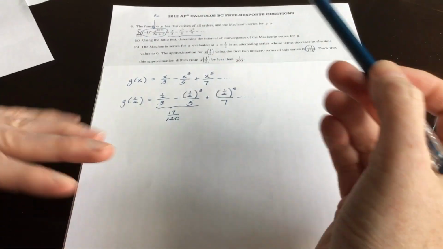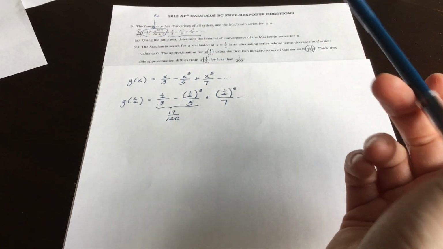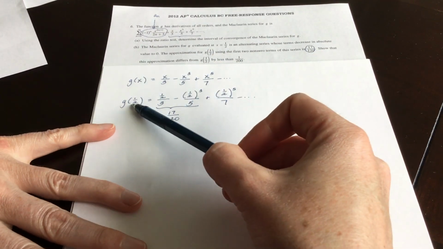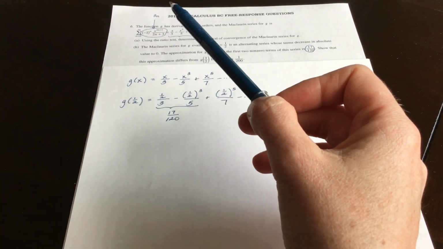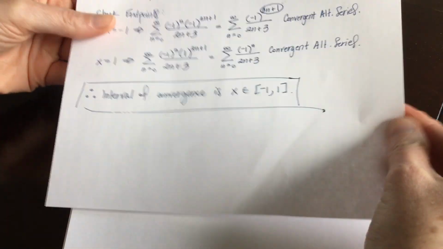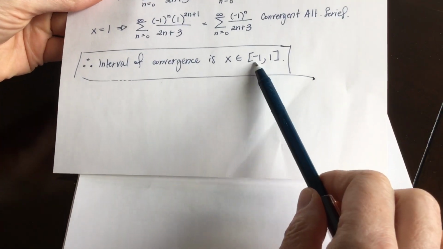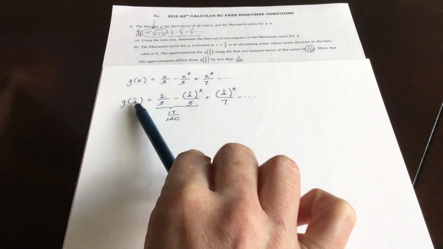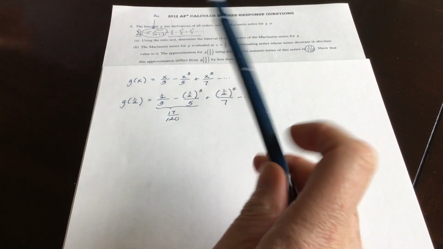Another reason for us to know that this is a convergent alternating series is because you're plugging 1/2 in, and in the previous problem, in part A, we found that that series will converge for anything between -1 and 1, which 1/2 lives there, so there you go.